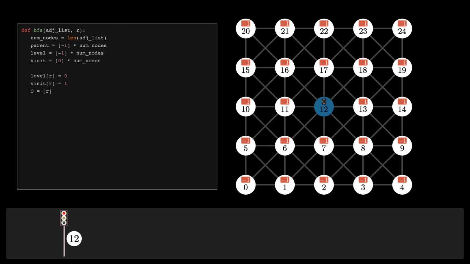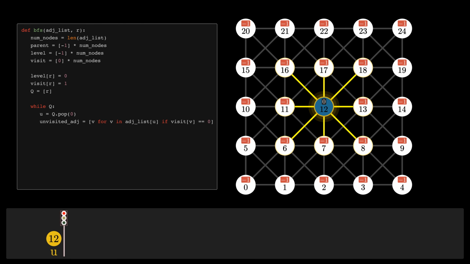While the queue is not empty, we will execute now the following lines of code. We dequeue from the queue, so we pop the first element from the queue and assign this node to U. Then we iterate over all adjacent nodes of U that are unvisited. For this purpose, one can either include an if statement into the upcoming for loop, or one can already create a list containing all unvisited adjacent nodes of U. For each node in this list, we execute then the following lines of code.